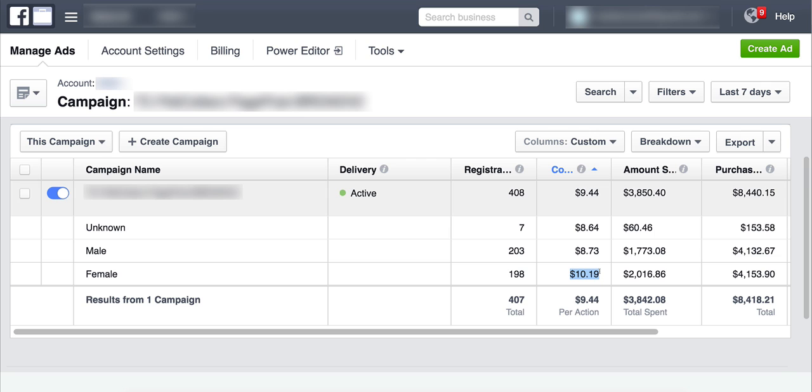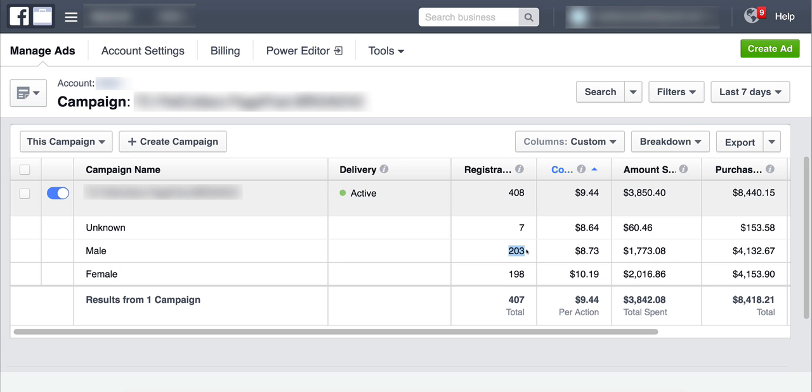My ROI is great. So I don't have to turn this ad off. I can just come in and turn off the ad showing to the men. And boom, we're thrown into a profit, from a negative to a profit. You see what I'm saying here? If you allow yourself to see, then you can cherry pick the most profitable ads in your campaign. But you have to split test in order to really do that, right? If you don't split test, then you have no clue really what's going on.